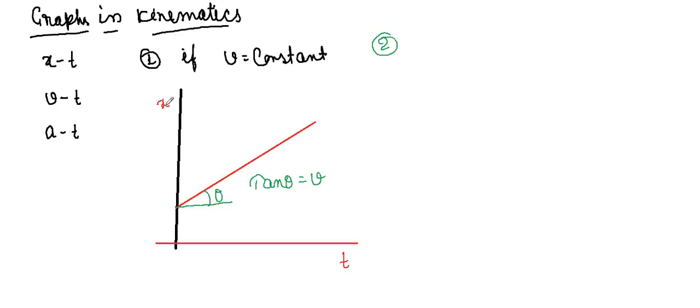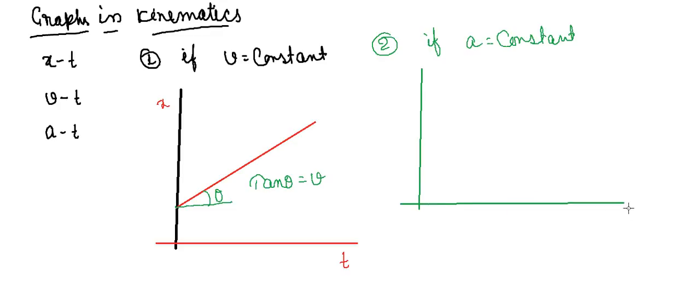Second graph, when acceleration is constant, then the velocity time graph will look like a straight line.